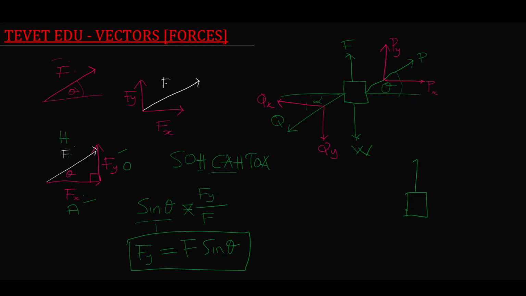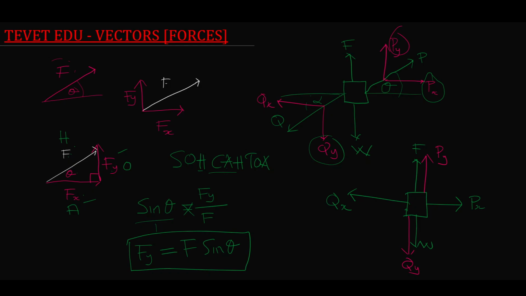We have a force going up, we are calling it F. We have a force coming down, we are calling it W, and we have a force in this direction, which is Px. We have another force in this direction, which is Qx, and we have another force coming down, which is Qy, and a force going up, which is Py.